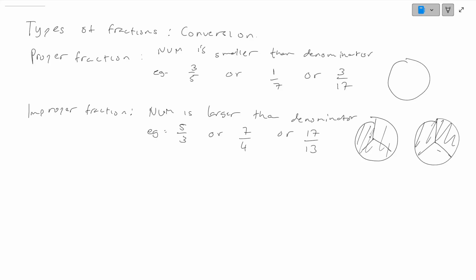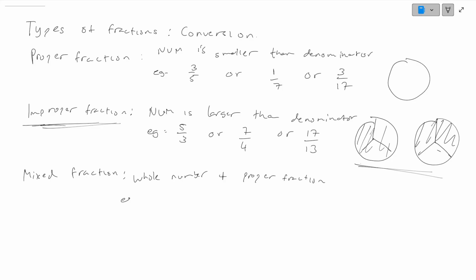A mixed fraction is the last type of fraction, and that can only come from improper fractions. What this does is it takes your improper fraction and divides it in this format: a whole number plus a proper fraction.